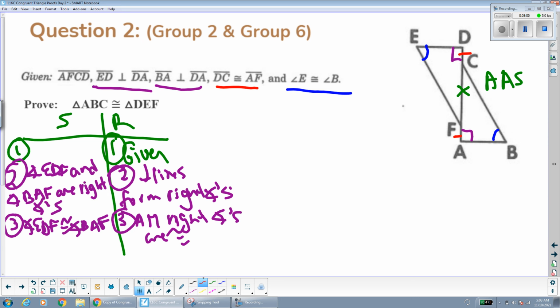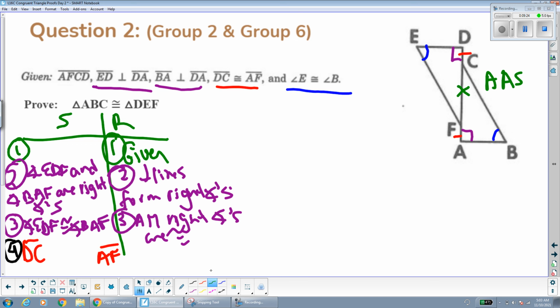We talked about how to get the side that we need, which is DF and AC. We needed to use addition. So let me show you what that addition would look like in my proof. So I'm going to be starting with DC on the side and AF on the side.